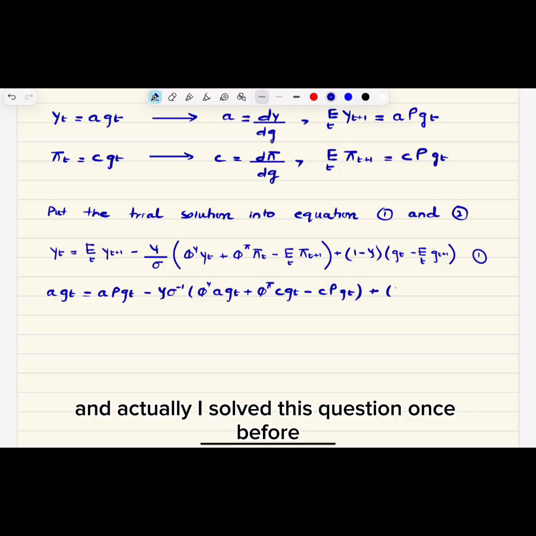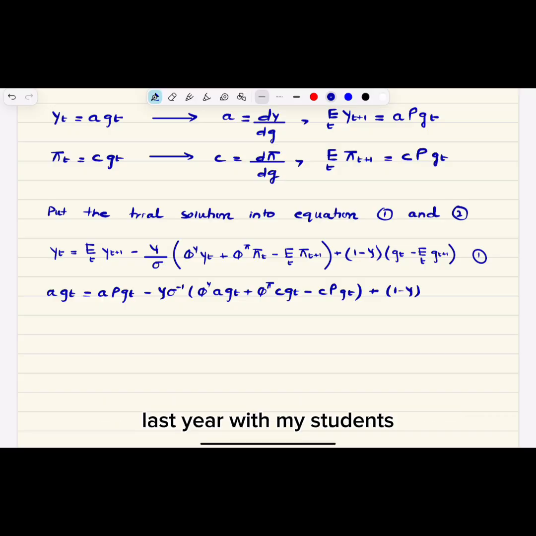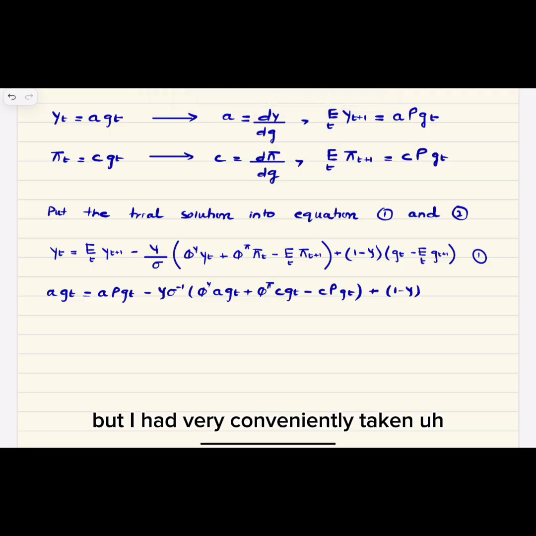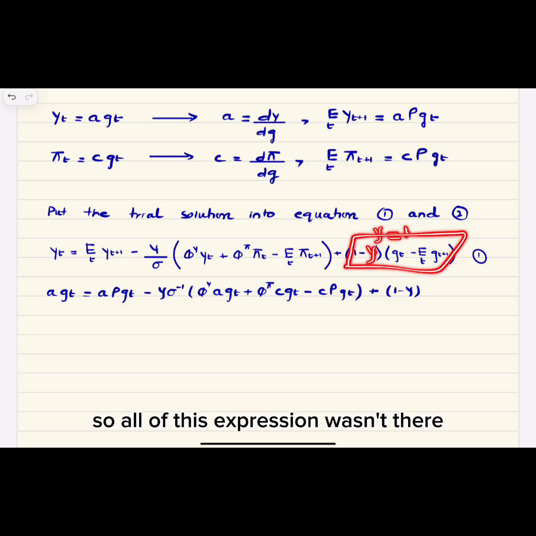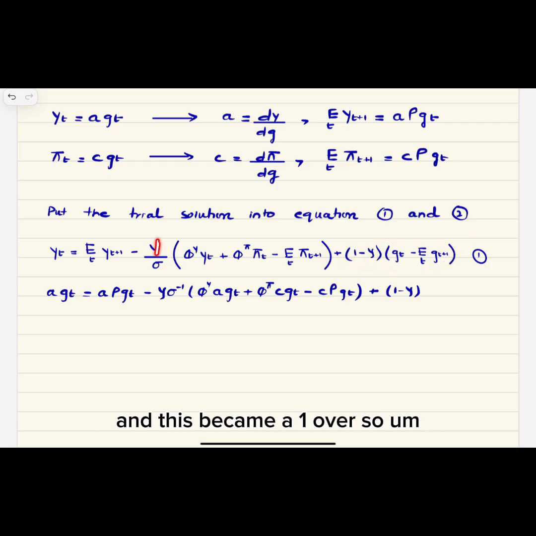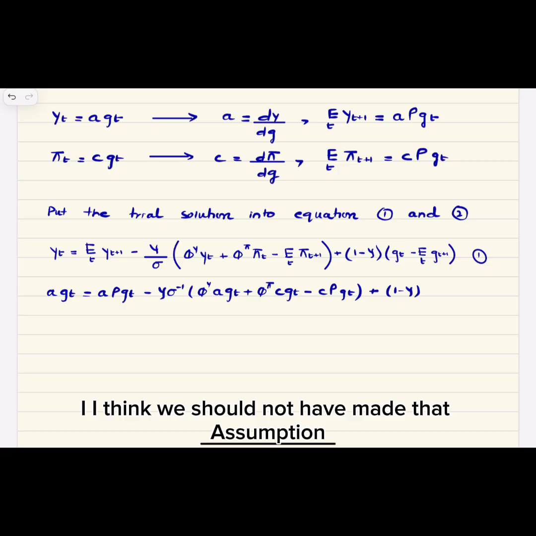And actually, I solved this question once before last year with my students, but I had very conveniently taken the value of gamma equal to 1, so all of this expression wasn't there, and this became a 1 over. So I think we should not have made that assumption.